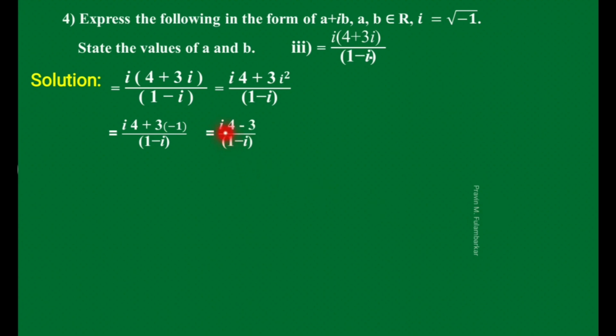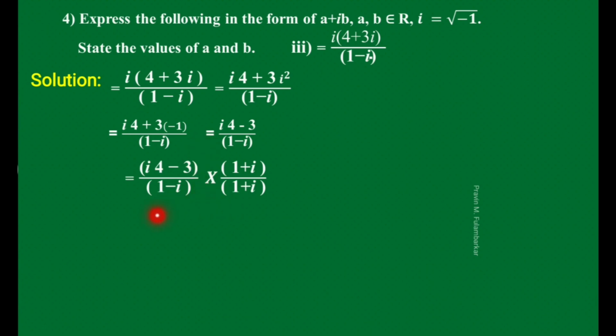In the next step we write this as minus 3 plus 4i, or you can directly take the conjugate of the denominator. So we keep 4i minus 3 as it is and take the conjugate of the denominator.